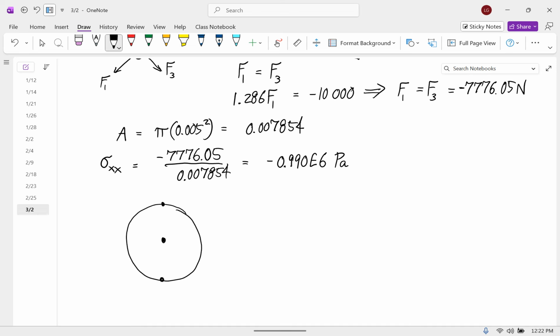There's no variation in stresses as you go around a single cross section. We're only doing calculations for a given cross section. So for all of these, this is just equal to negative 0.990 in megapascals.